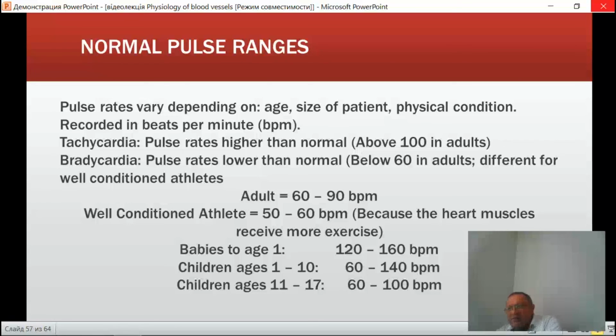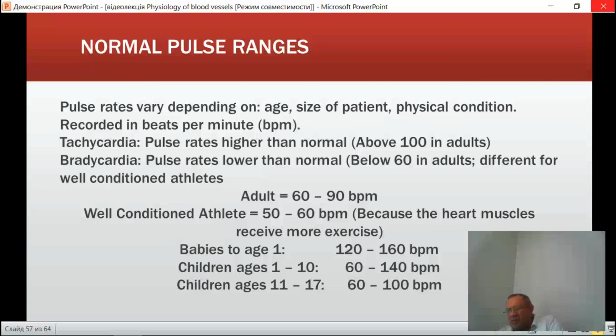Pulse rates vary depending on age, size of the patient, and physical condition, and are recorded in beats per minute. Tachycardia: pulse rate higher than normal, above 100 for adults. Bradycardia: pulse rate lower than normal, below 60 in adults.